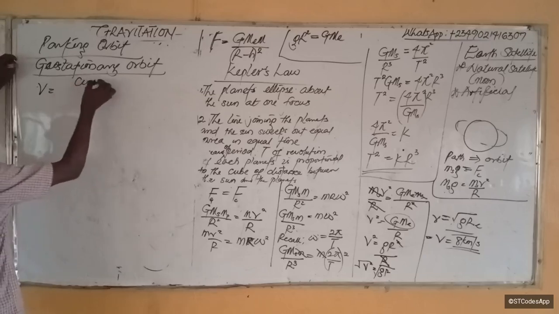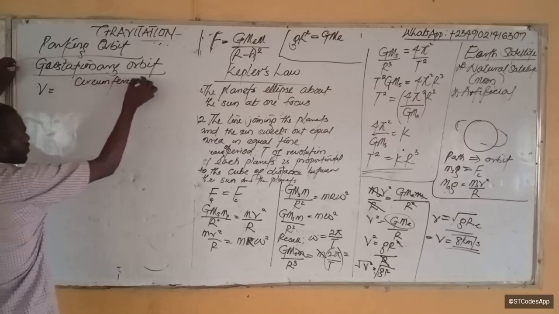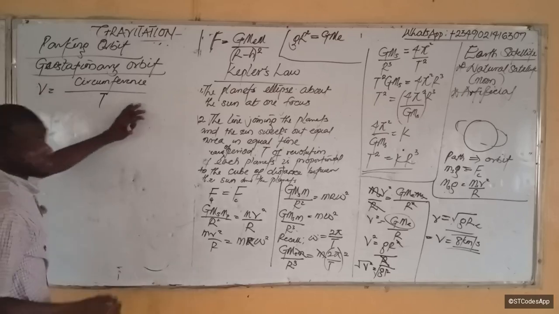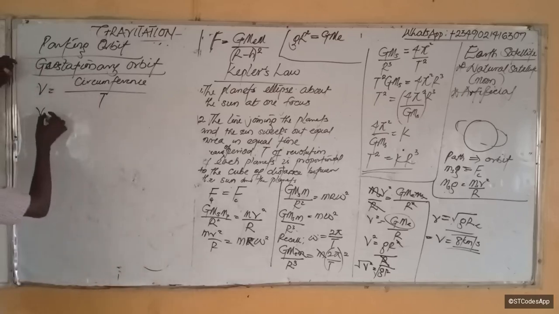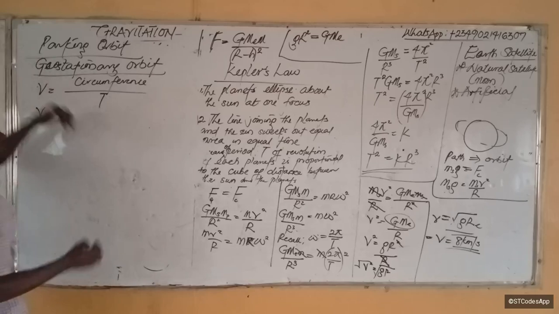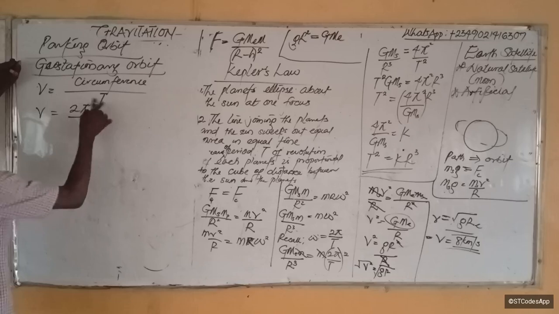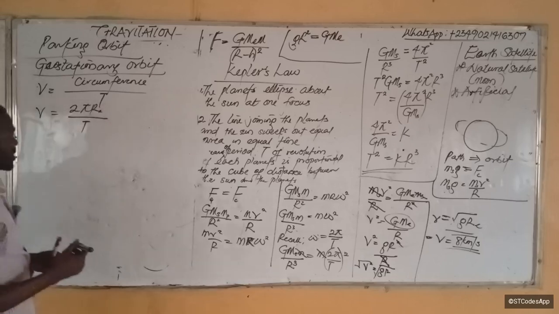Do you remember this law? Just look at my video on circular motion, I explained why this is the case. Circumference over period, right? So the velocity of that body is going to be 2 pi r over T. Do you understand?